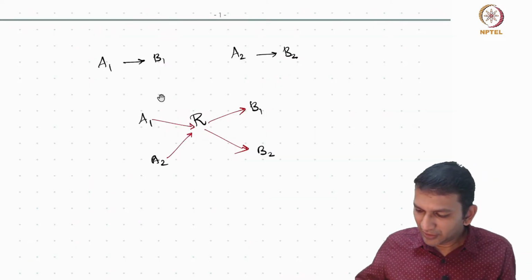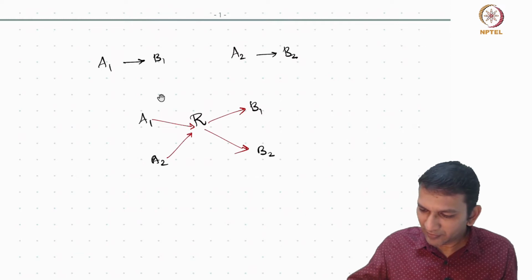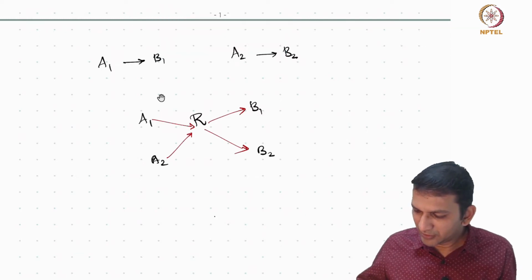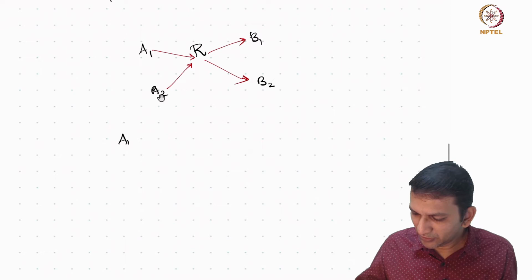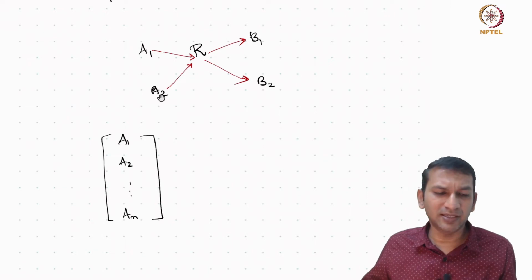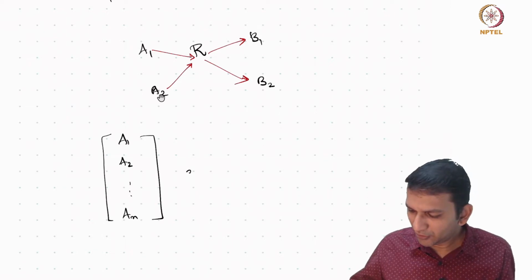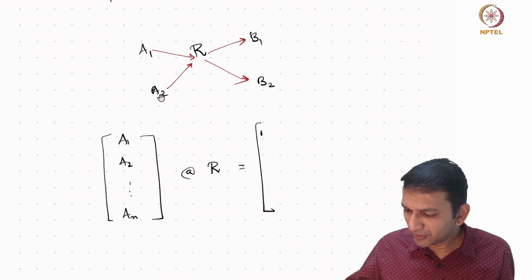which essentially implies that if we put the set of antecedents on one side, note that we are considering these as row vectors, and perform the composition, then what we are expecting is, in the corresponding rows, the corresponding consequence.